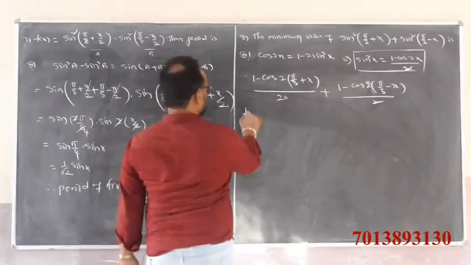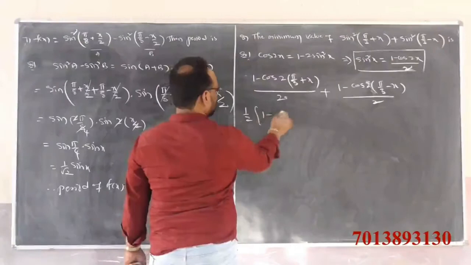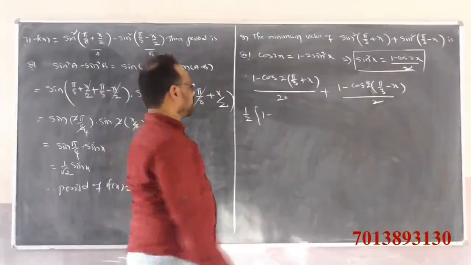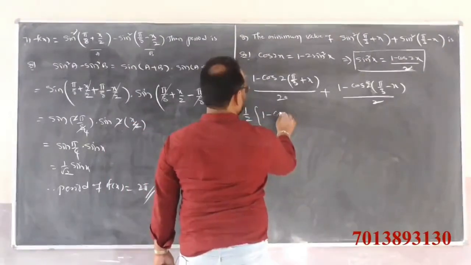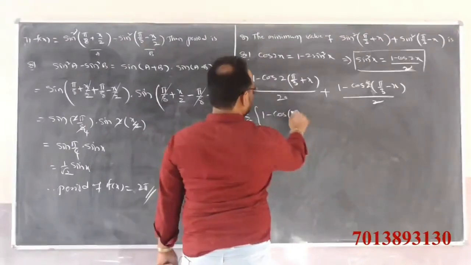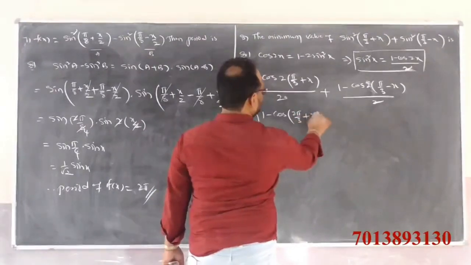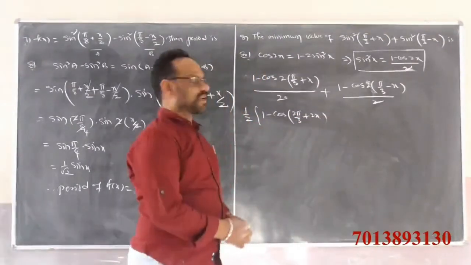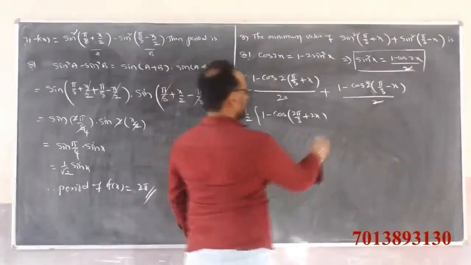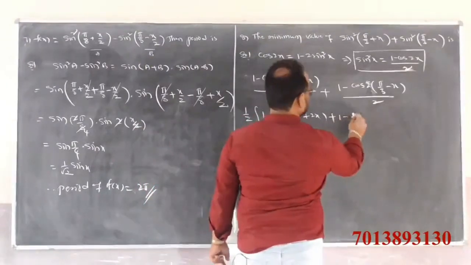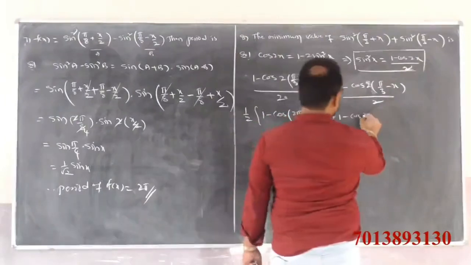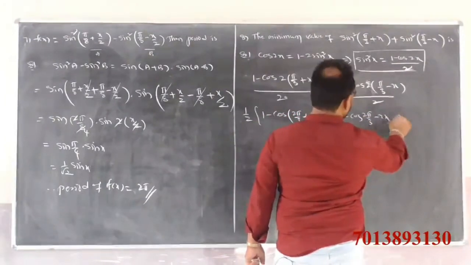If we take 1 by 2 as common, that is 1 minus cos (2 pi by 3 plus 2x) plus 1 minus cos (2 pi by 3 minus 2x).